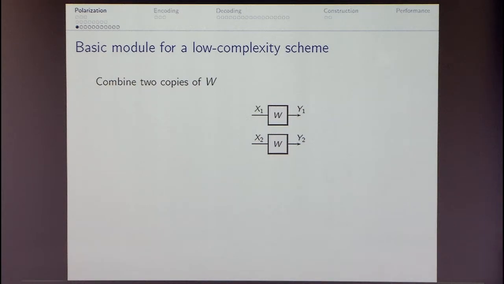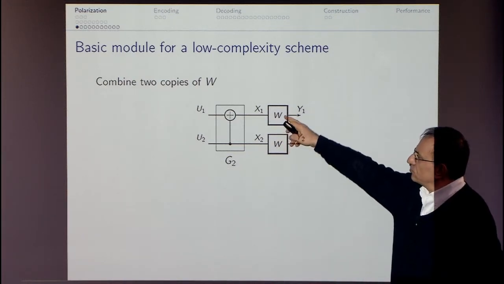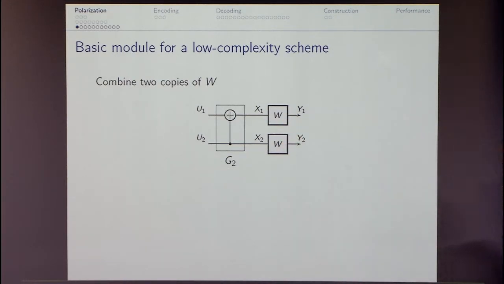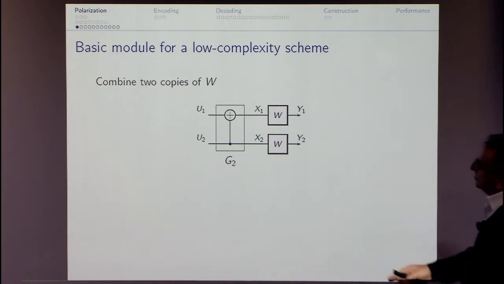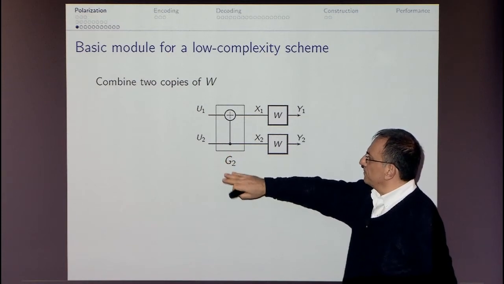Okay, so having said all of this, how do we do it? Let's start with n equal to 2, just 2 copies of the W. This is the transformation G2 that we are going to be using.